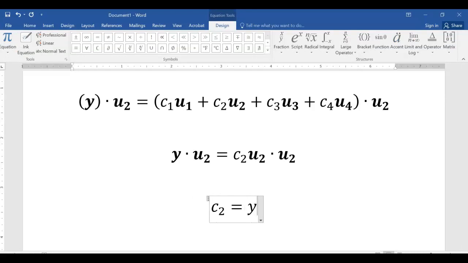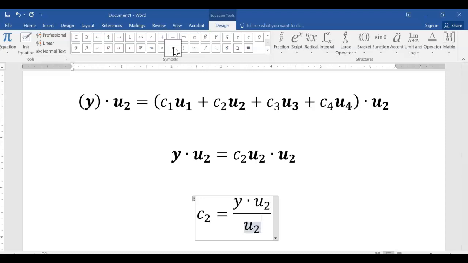So it's equal to Y dot U2 divided by U2 dot U2.